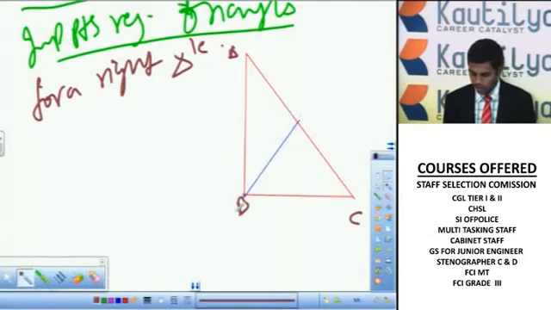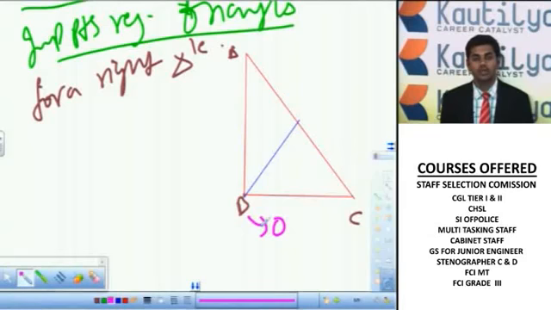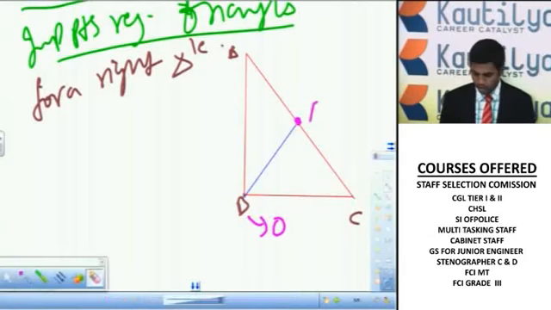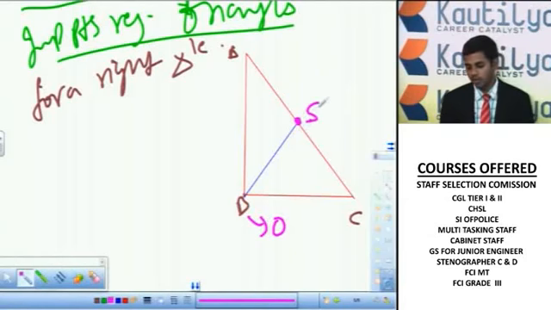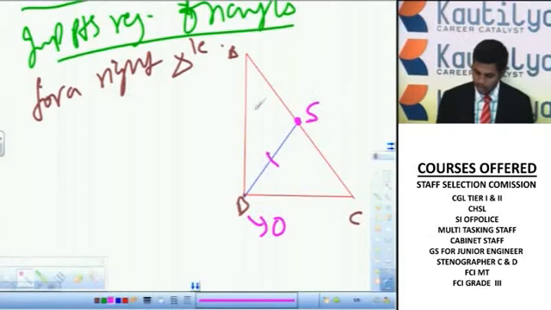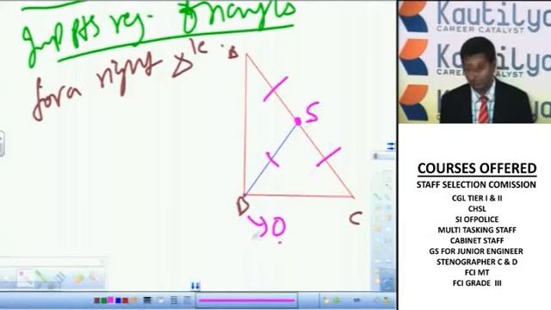This vertex B will also be the orthocenter in a right angle triangle, because the orthocenter lies at the vertex of the right angle, and the midpoint of the hypotenuse will be the circumcenter. We know that the circumcenter lies on the midpoint of the hypotenuse. So S is the midpoint of hypotenuse AC, dividing it into two equal parts. So the lengths BS, AS, SC are equal, and S is at the midpoint, and the orthocenter is at vertex B.